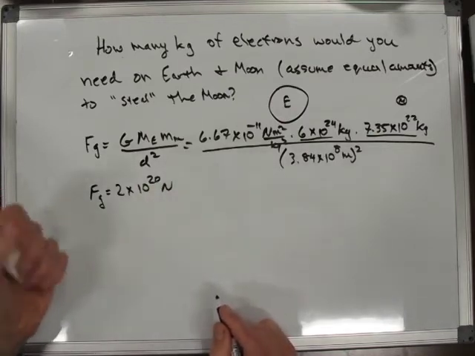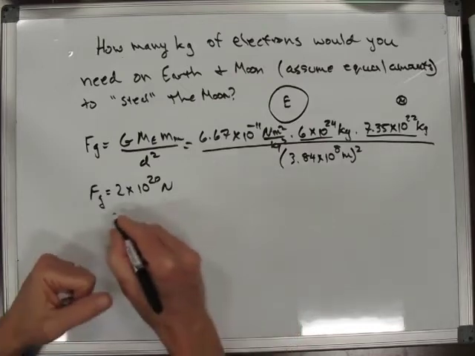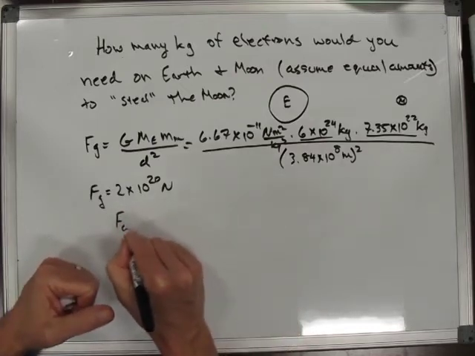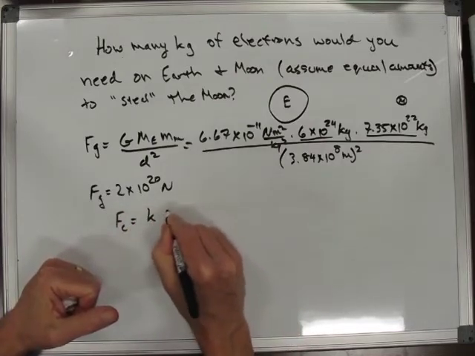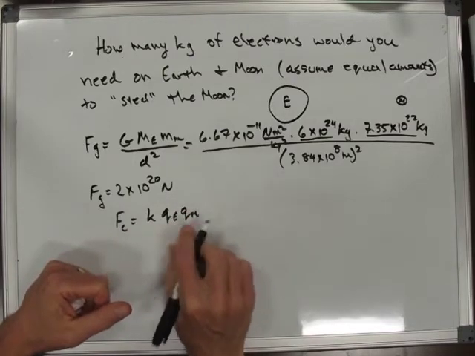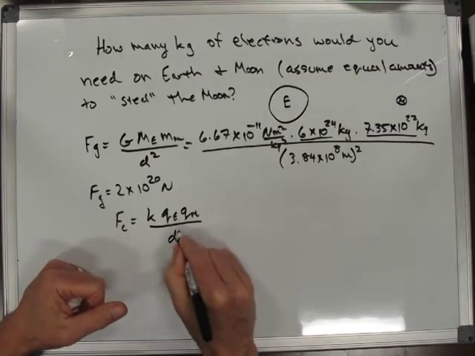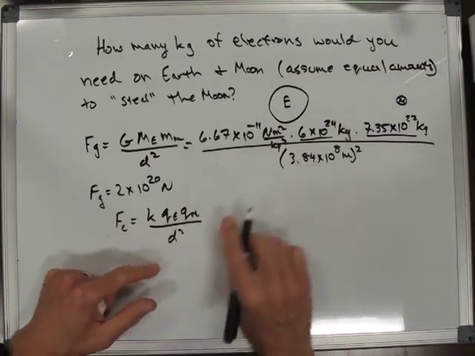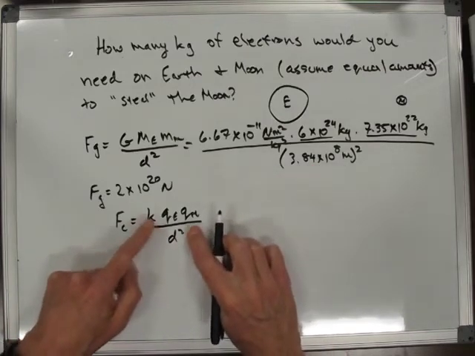And so what we want to do is produce a Coulomb force, which is K Q Earth Q Moon, the extra charges we put on the Earth and the Moon, over the distance squared, same distance, so that this force is equal to that force.